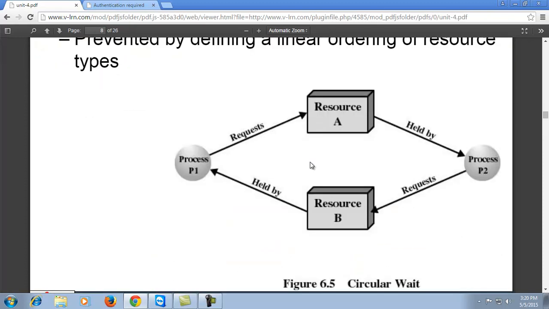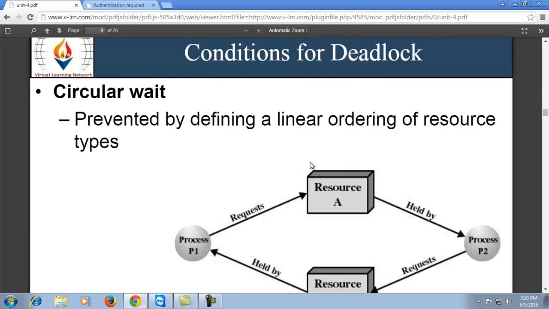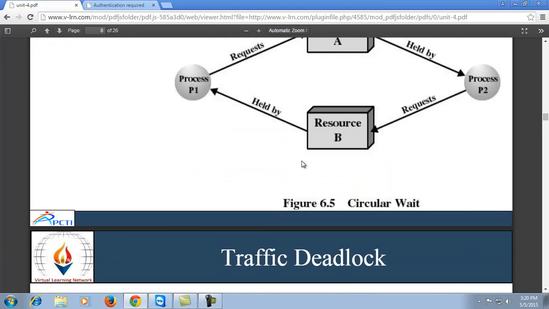In this problem, a resource is held by a single process, but it is requesting another resource which is held by another process, and this is happening between more than two, up to n processes. So the circular waiting condition occurs.